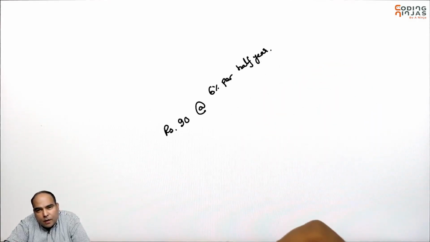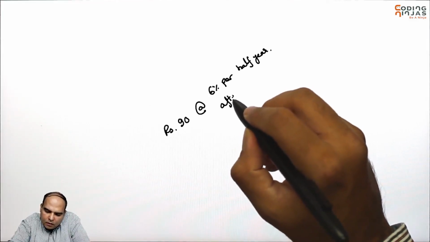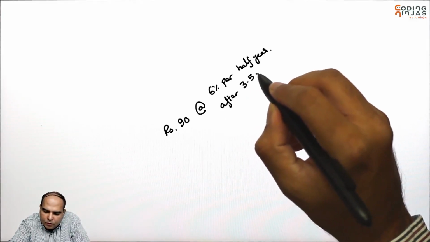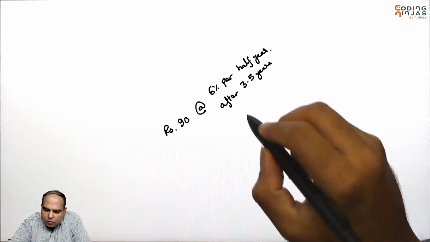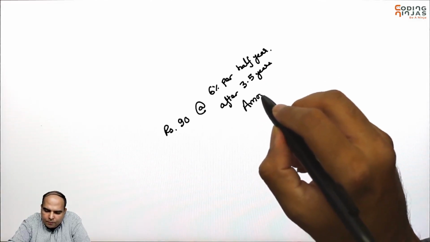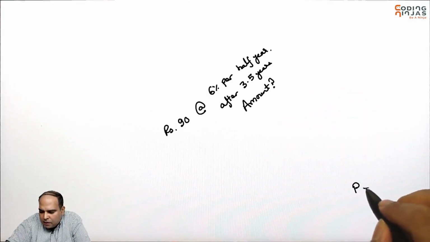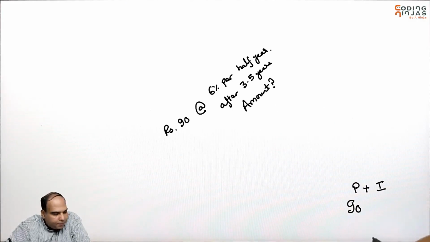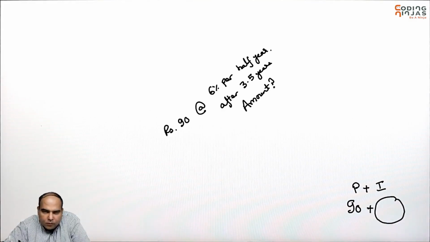At 6% per half year, then after 3.5 years, what will the amount become? Now, amount is principal plus interest. In this case, since you know the principal is 90, you're interested in finding the interest value, right? And you again have two options to do it.